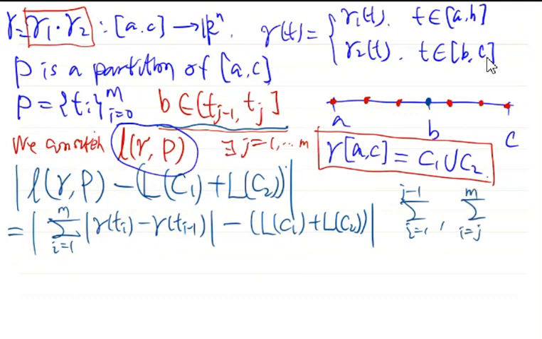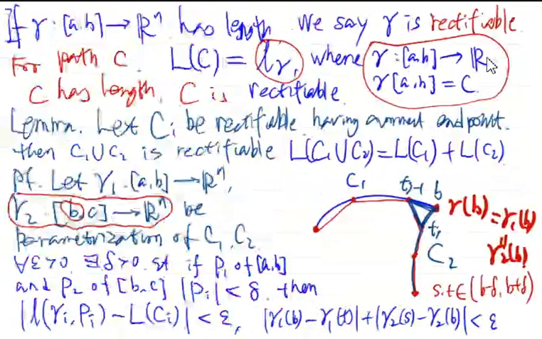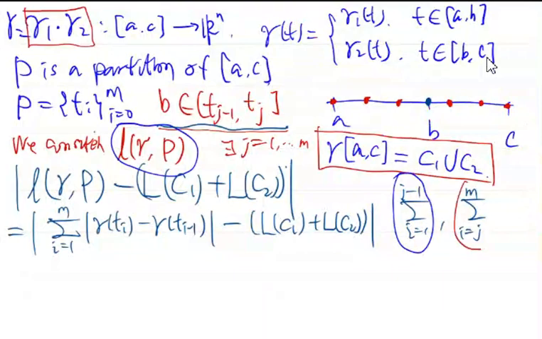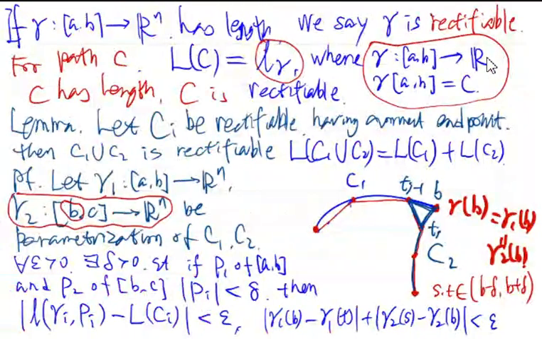Those with i from 1 to j minus 1 correspond to endpoints contained in the curve C1, and those with i from j to m correspond to endpoints on C2. So the part around B is omitted.